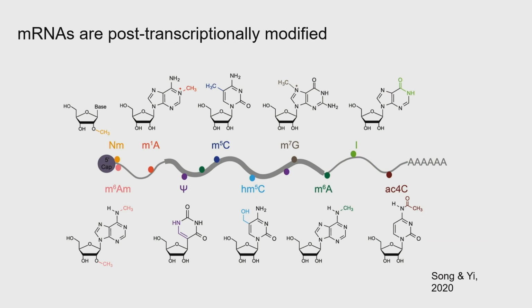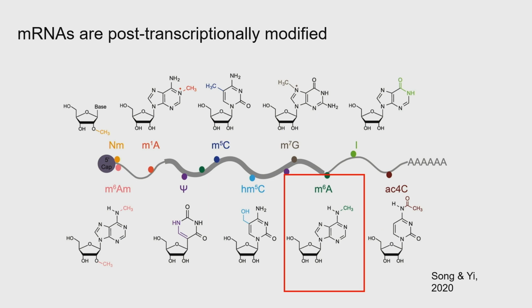Whenever we talk about recognition of mRNA, it's usually RNA modification involved. In eukaryotic mRNA, we have over 100 different modifications. The most prevalent internal modification is m6A, which is the deposition of a methyl group here. This doesn't happen randomly.